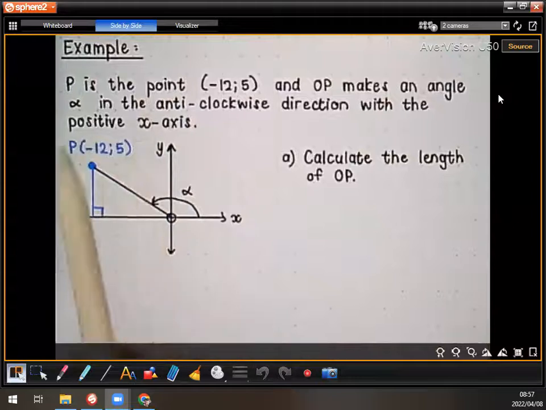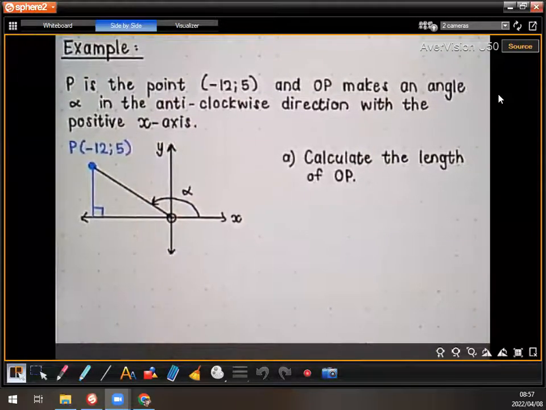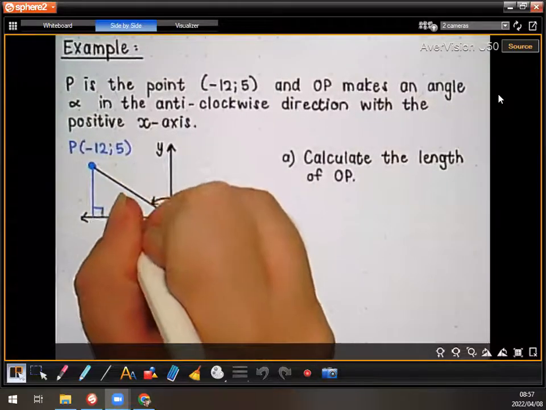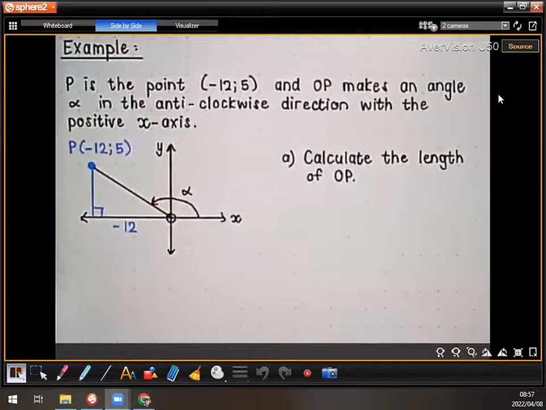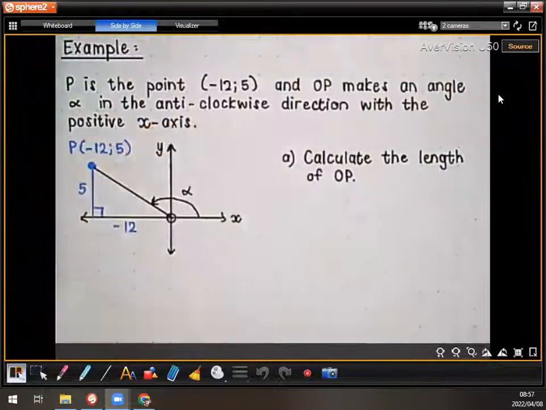And now, using the coordinates of this point, we are going to fill in the lengths of the sides. Like we said, the x coordinate is the x length. But guys, because it's negative 12, we have to work with negative 12 on our side. The y coordinate is the y length of this triangle, and that is 5.